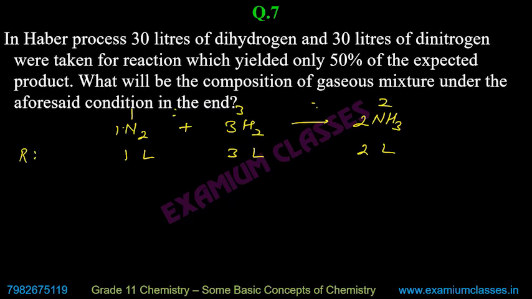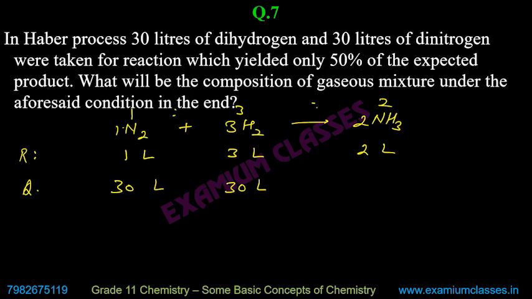So if I have 30 liters of nitrogen and 30 liters of hydrogen, how much ammonia will be produced? First of all, I need to get that. And then I need to talk about only 50% of that. So first I need to find if there is any limiting reagent. Yes, there is a limiting reagent.